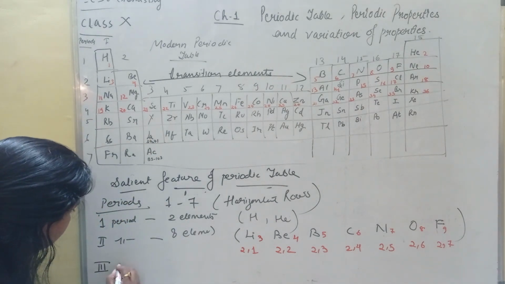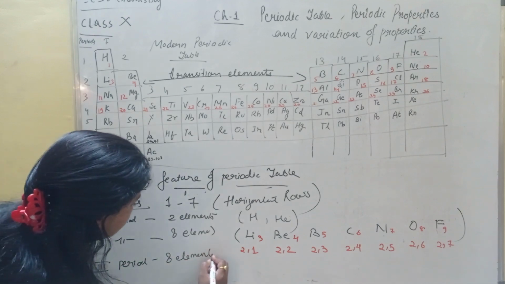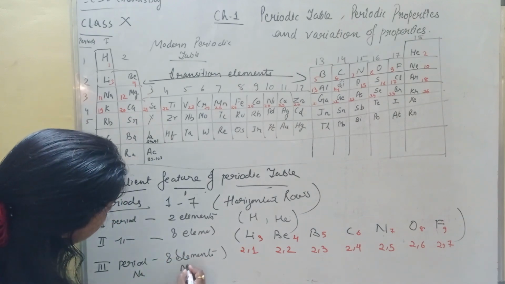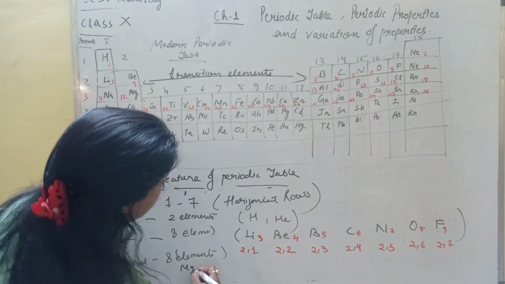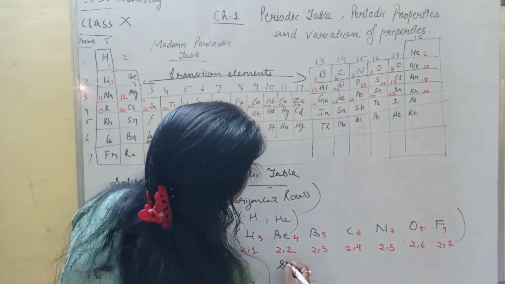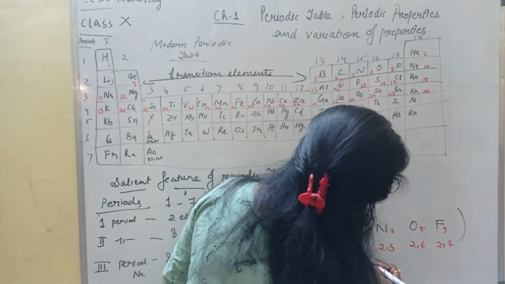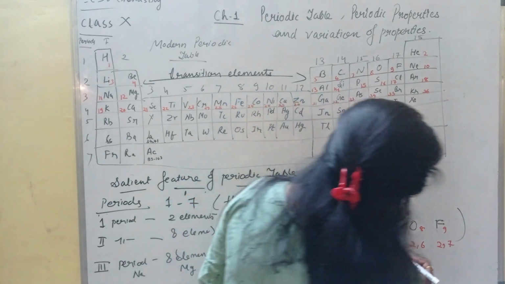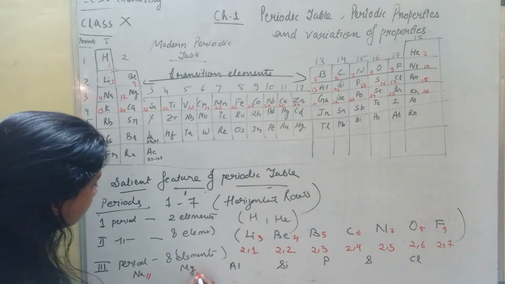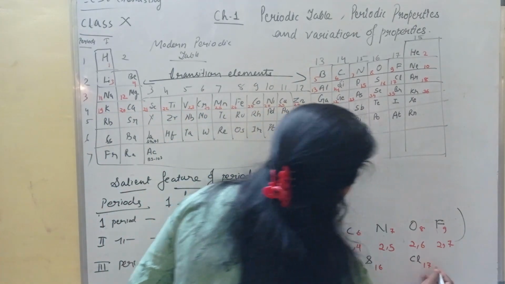Third period, 8 elements: sodium, magnesium, aluminium, silicon, phosphorus, sulfur, chlorine. Atomic number 11, 12, 13, 14, 15, 16, 17.